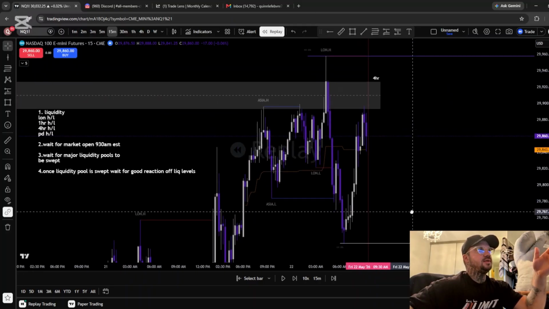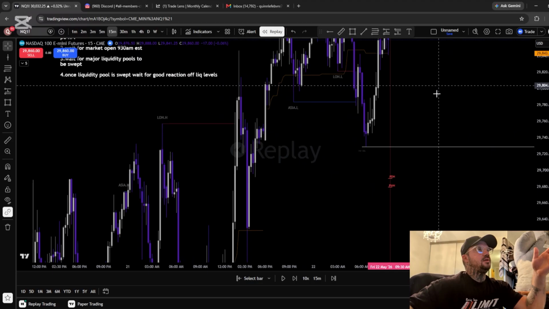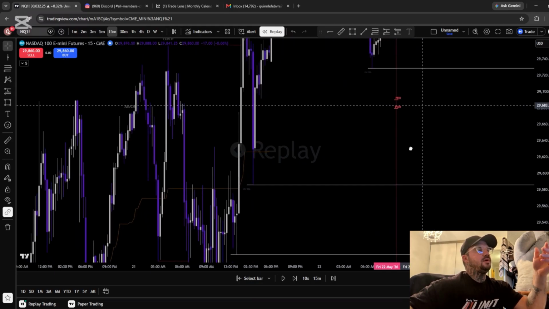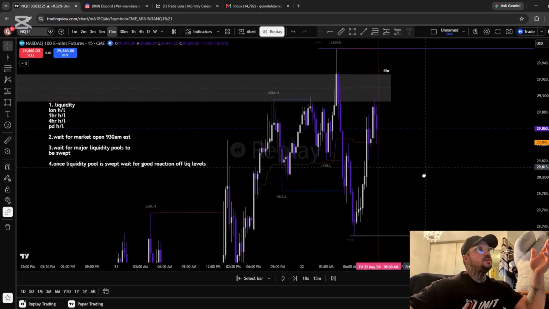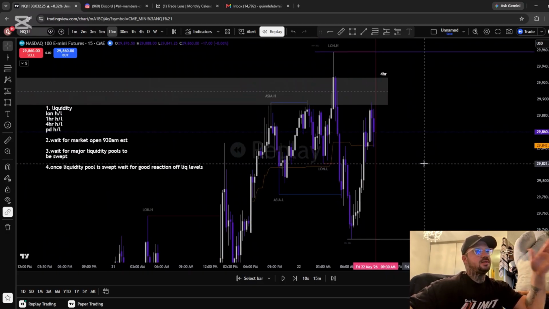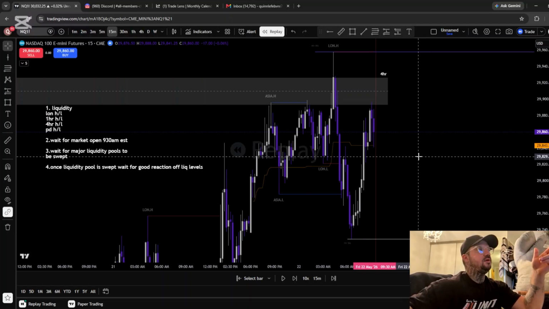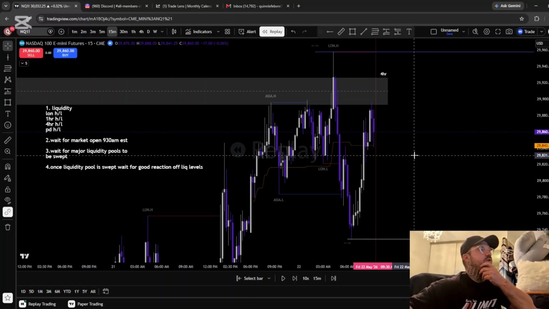So now you got buy side and sell side. Now there's more levels obviously if you keep on going deeper or higher in the charts, but let's just say for hindsight, this is what you have. You have a buy side, a sell side. Whichever one gets swept and reacts to the level, respectively, that's where you're going to look for your entry.